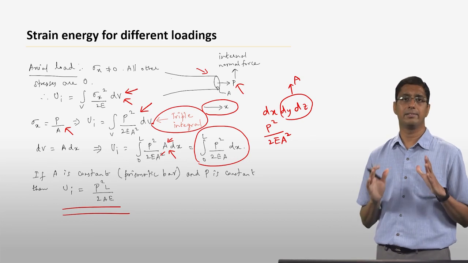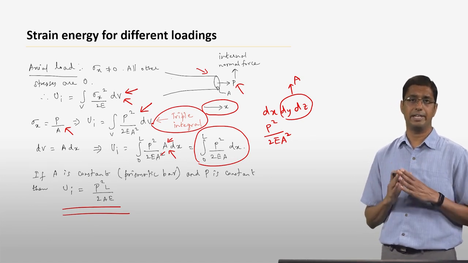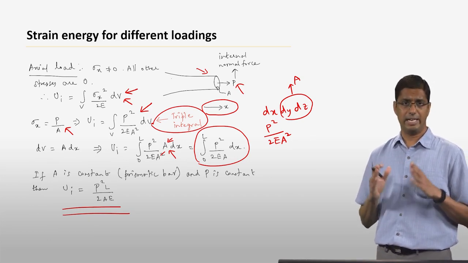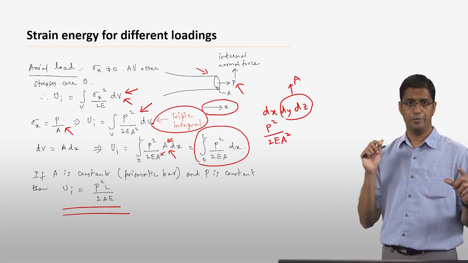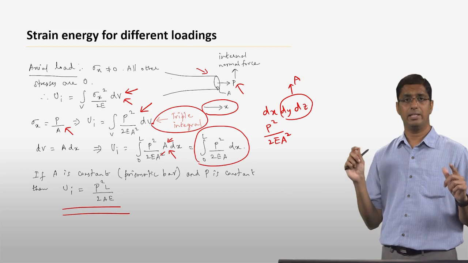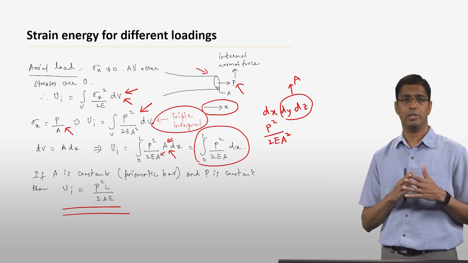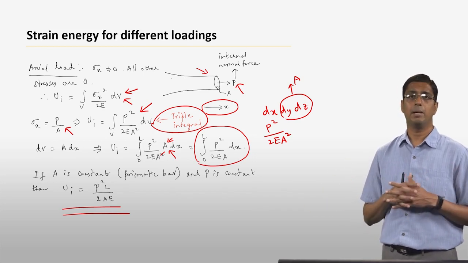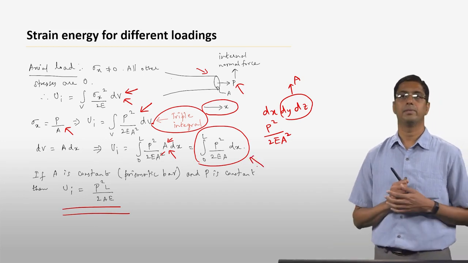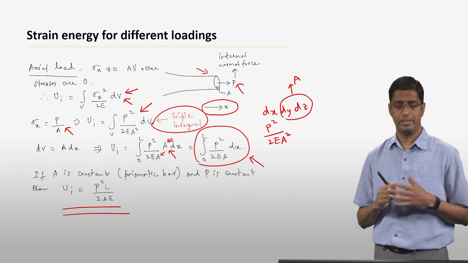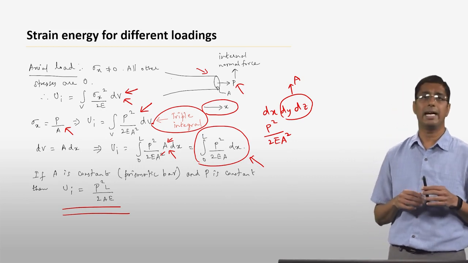So that is the internal energy or the strain energy for the case of axial loading when you have a prismatic bar of uniform cross section and the internal force is also not changing with respect to x. But in case those things are changing, you can still use this expression to calculate the strain energy. So that is the strain energy due to the axial load.